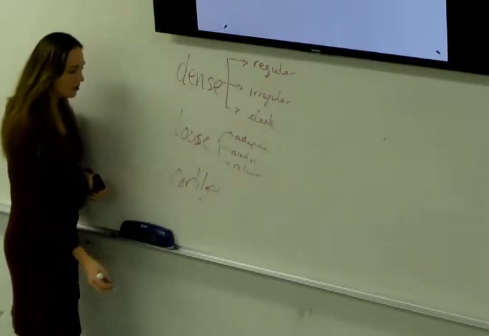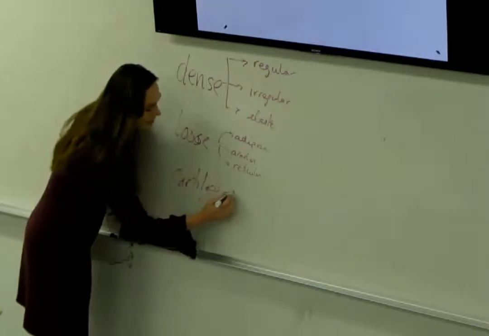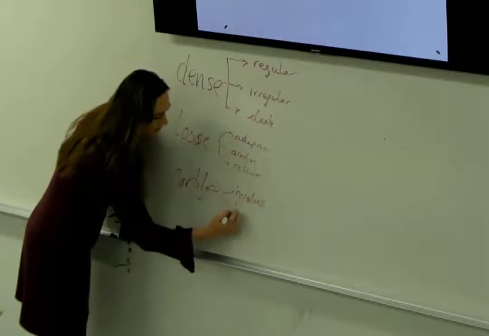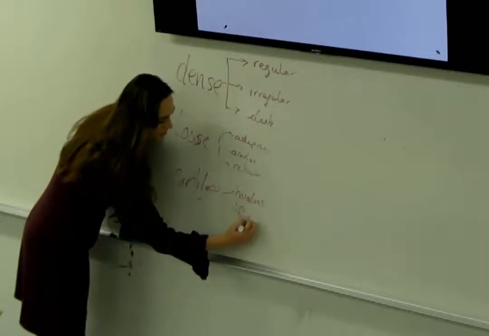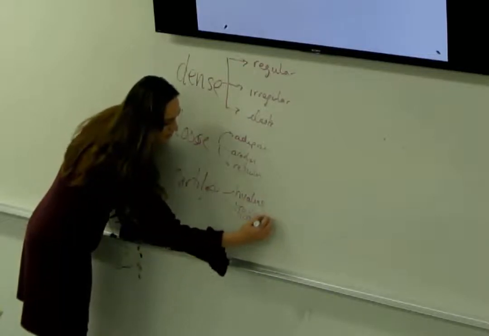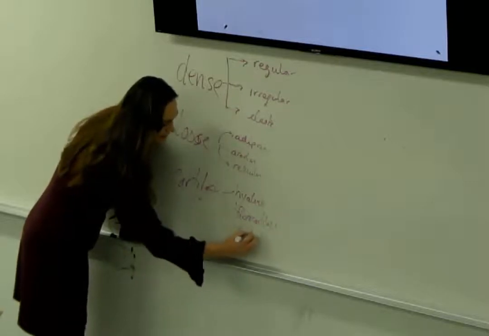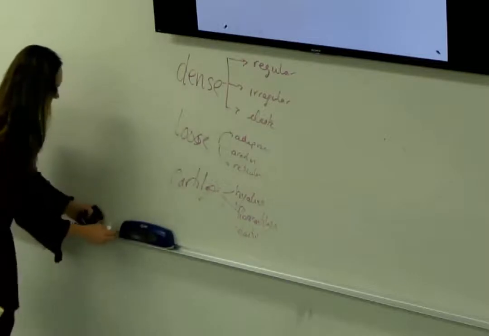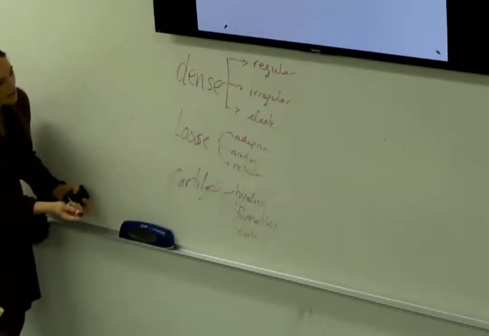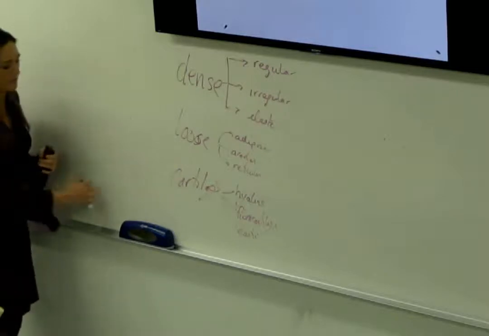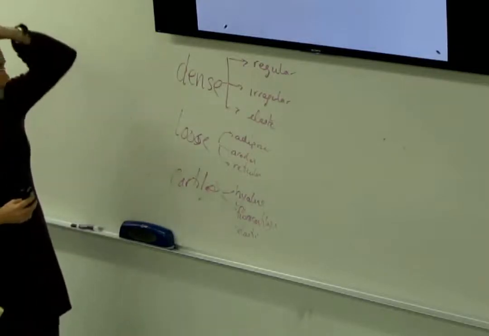For our cartilage, we had hyaline, fibrocartilage, and elastic. So on top, all the connective tissues, and then bone and blood. That's everything for this whole category.